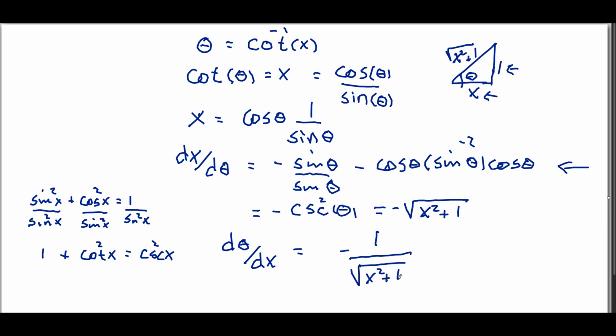And that, before I do something, there was another error that I made. We got a square here, so that's squared, so that's equal to minus x squared plus 1.